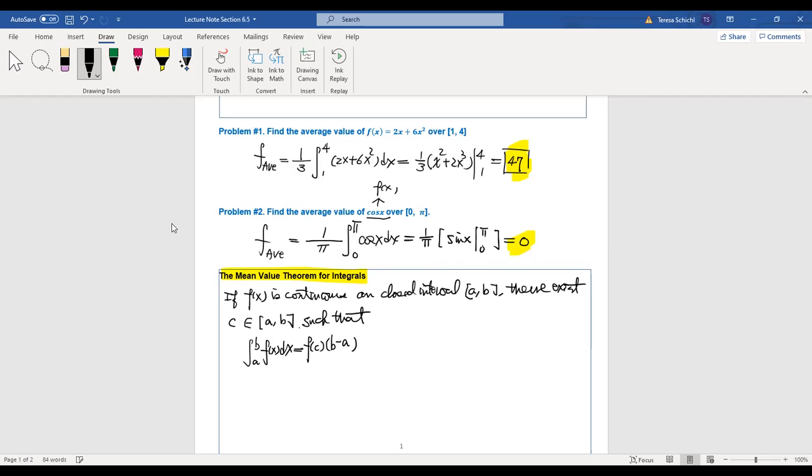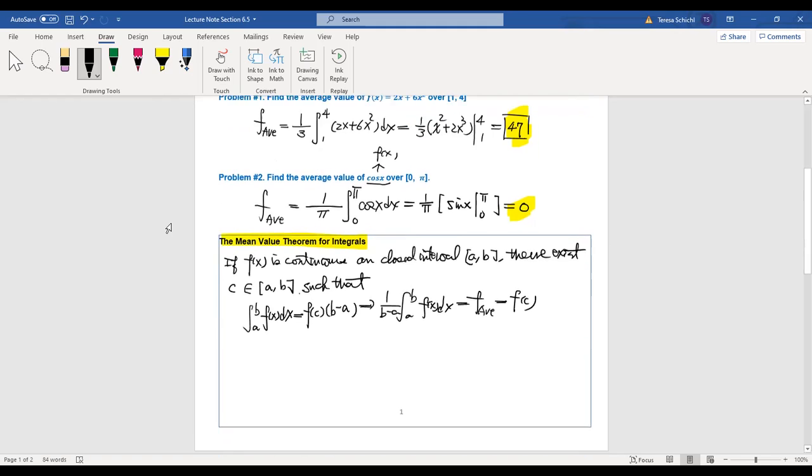So based on this definition, if you move the b minus a over, you get 1 over b minus a times the integral from a to b of f of x dx. What is this value? This is the average value, so that means it's equal to f of C.